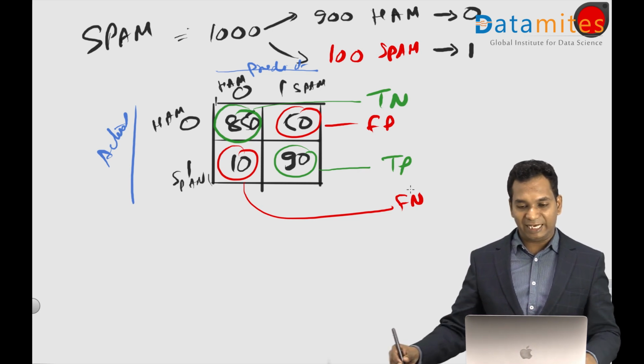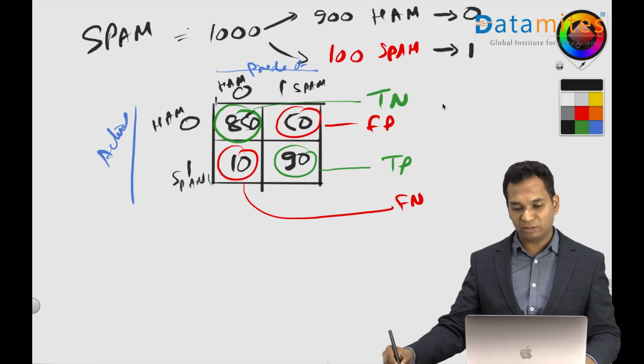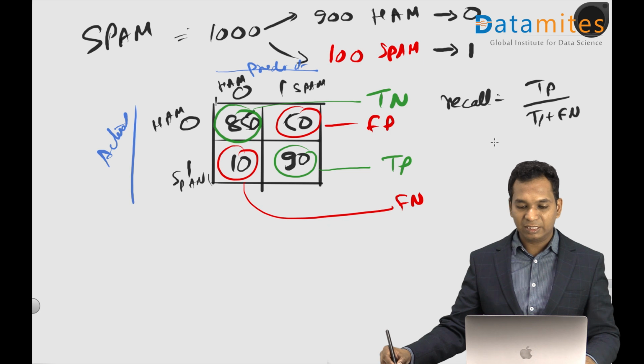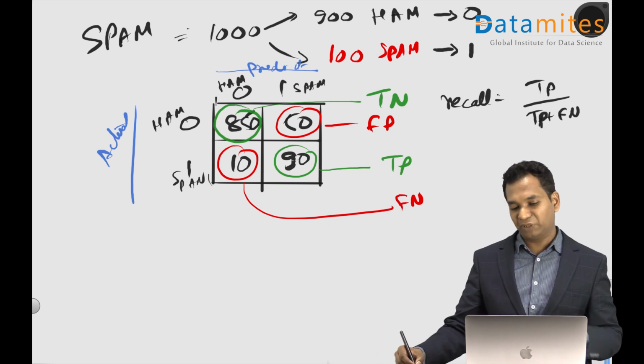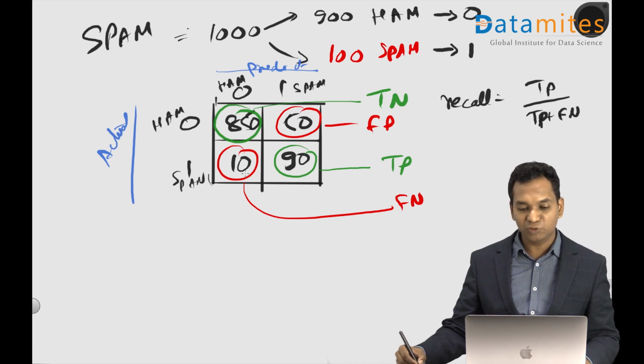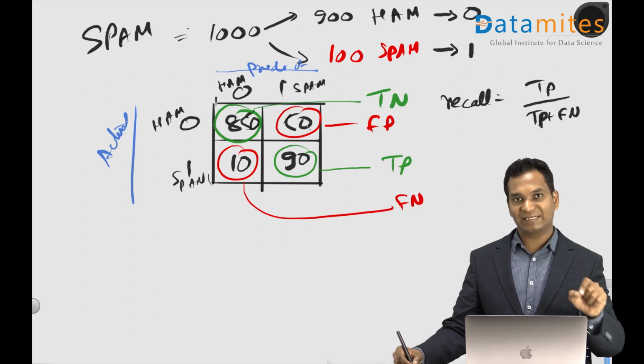Let's do a simple calculation. Let's first talk about recall. The recall formula is true positive divided by true positive plus false negative, isn't it? But even before going to that, we have to figure out which is more dangerous for us, false negative or false positive. In the previous case of cancer, it was false negative, because it's dangerous to predict a cancer as a non-cancer.